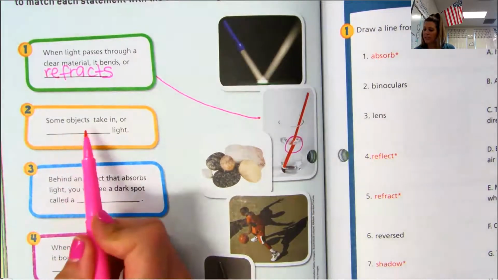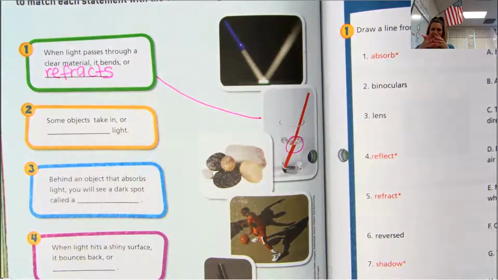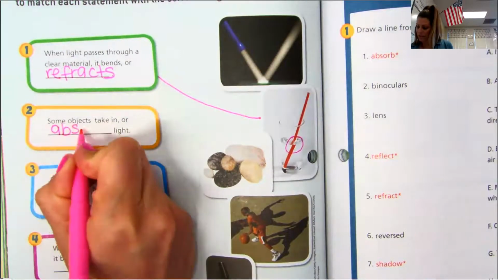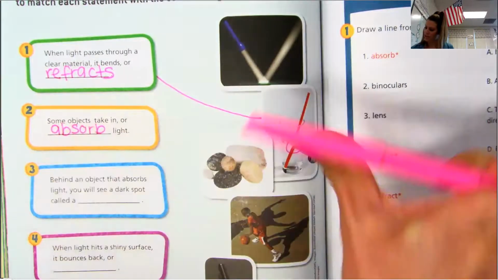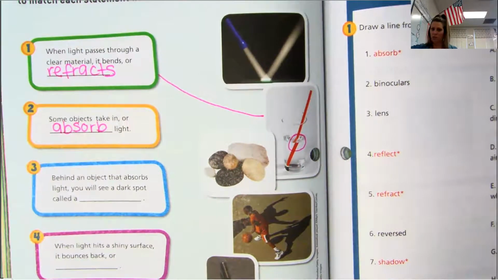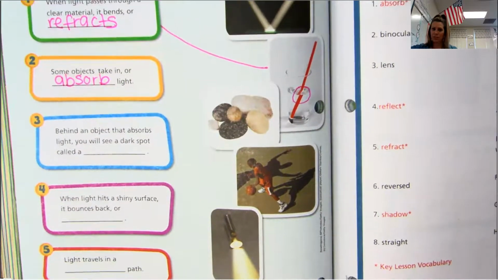Some objects take in, or, oh, what's that word when you take in something? Absorb light. So which one of these would be an object that absorbs the light, that takes it in? We've got flashlights, we've got rocks, we've got a boy playing basketball, and we've got a flashlight.